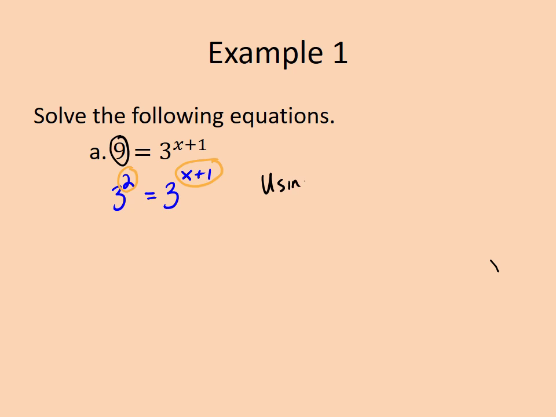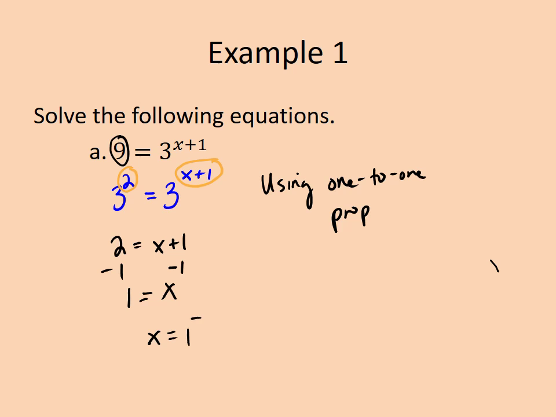Using the one-to-one property, we know that 2 equals x plus 1. Now we just solve for x. X equals 1.